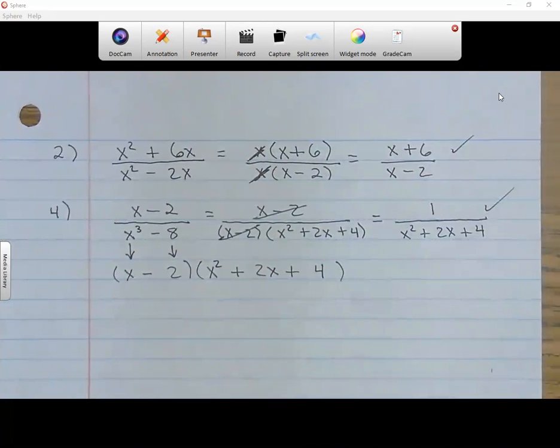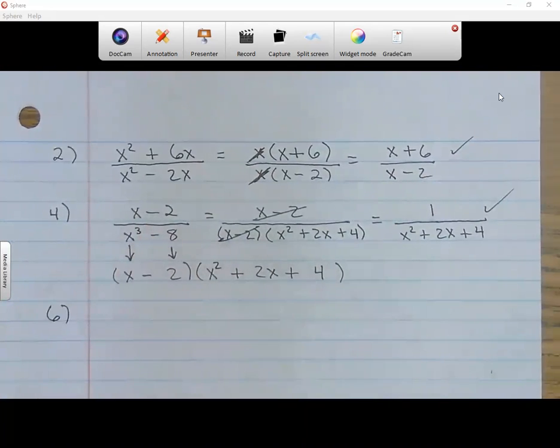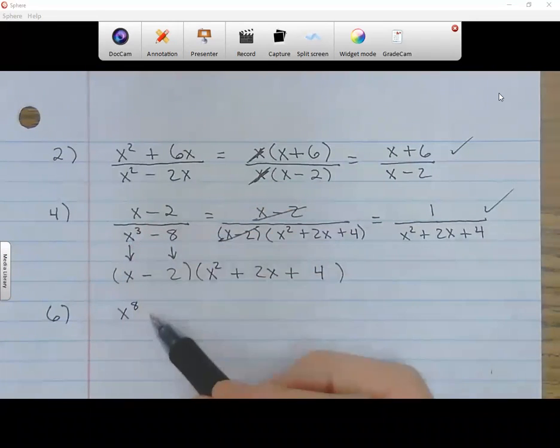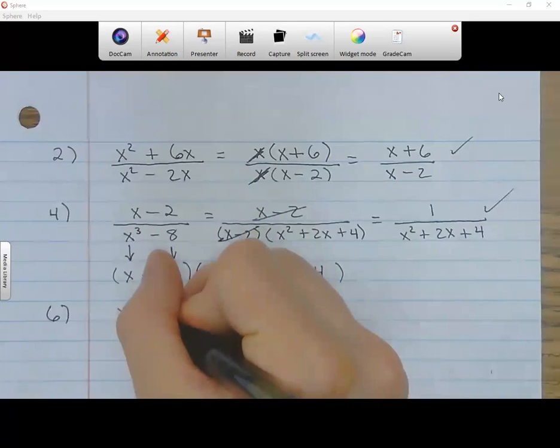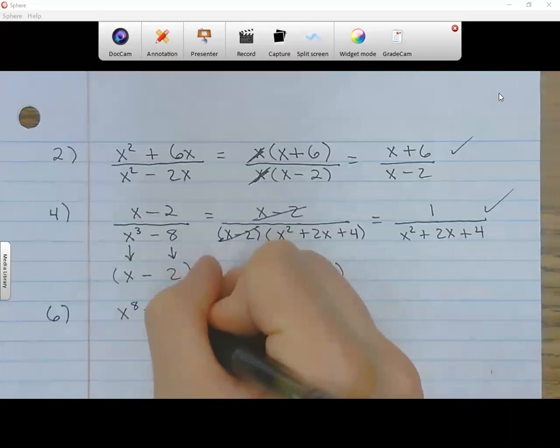All right, I'm going to skip 5, and I'm going to go directly to 6. So let's look at number 6. All right, on the top, I have x to the 8th power. So that means I have 8 x's. I have 2 y's. And I have 3 z's.